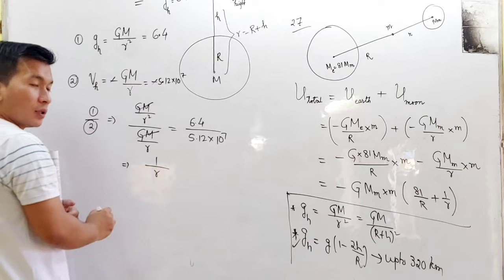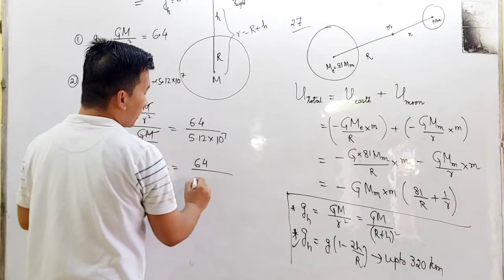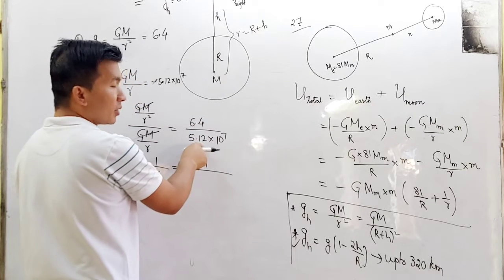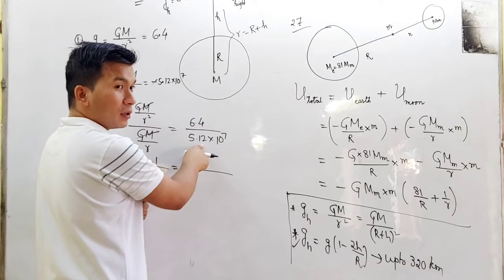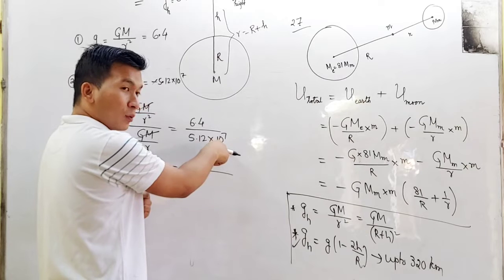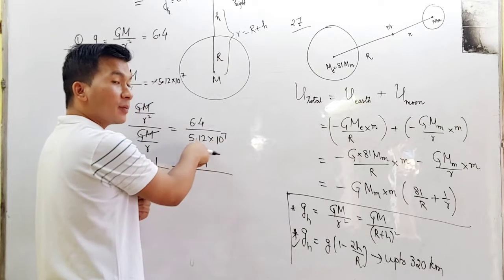Can we write it as 64 divided by 51.2? The decimal point of the numerator and the denominator get cancelled out, taking 10 from 10 to the power 7.